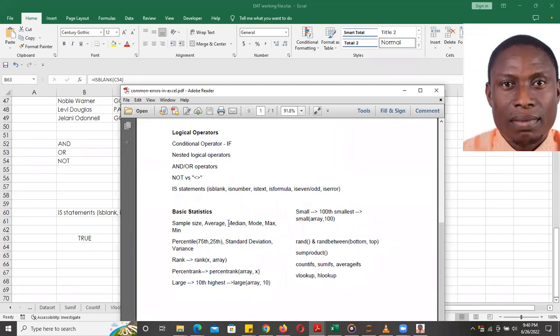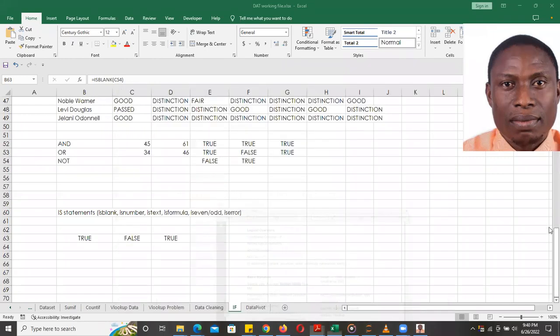So what we are left with is median and mode. We worked with round and between. We worked with count if, sum ifs, average ifs. We didn't do average if, but it's the same way. So let me just introduce us to median and mode.